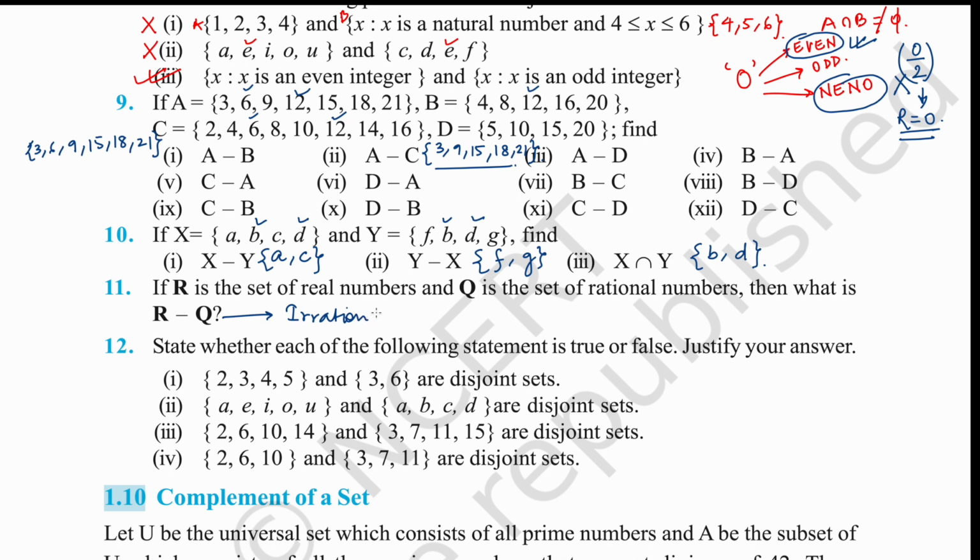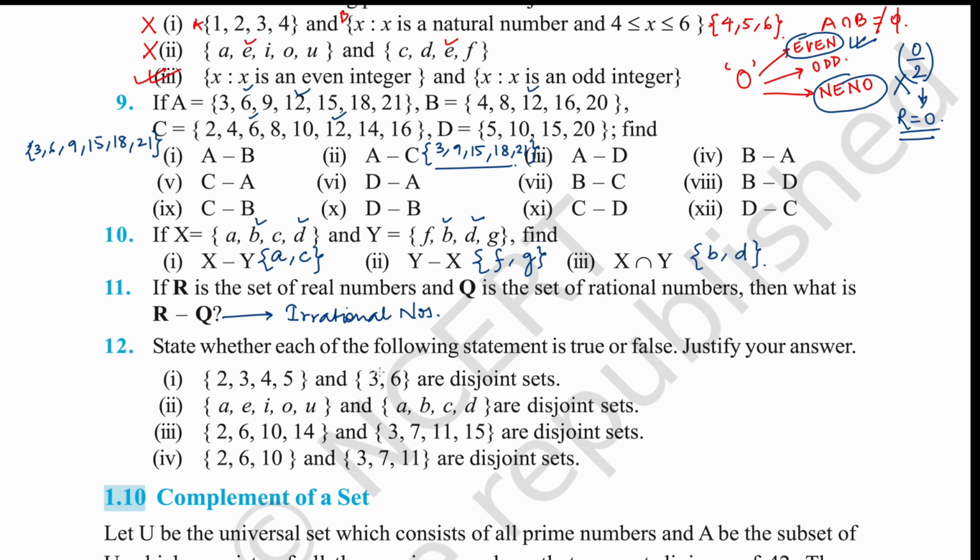Because we know that rational numbers and irrational numbers together give you the set of real numbers. So if you remove all the rational numbers from the set of real numbers, then you are going to get the set of irrational numbers, right?